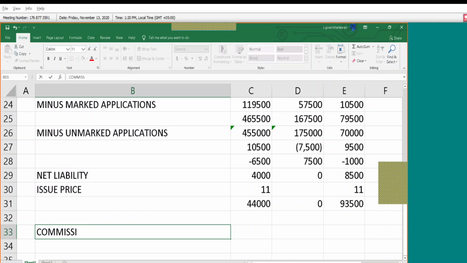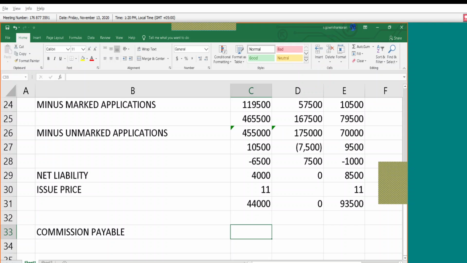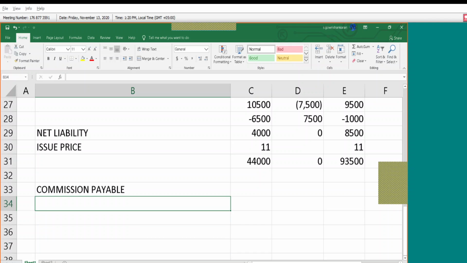Commission is paid for doing the agency job, whether you purchase or don't purchase, whether it is undersubscribed or oversubscribed, whether it is firm underwriting or anything else. Commission is paid on the overall gross liability by applying the issue price.